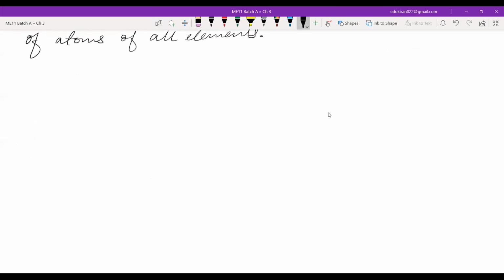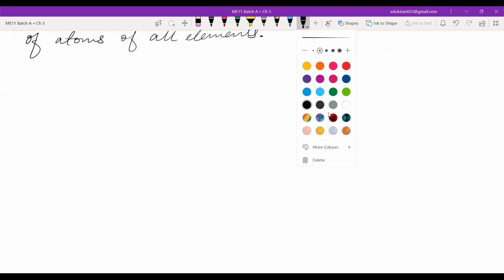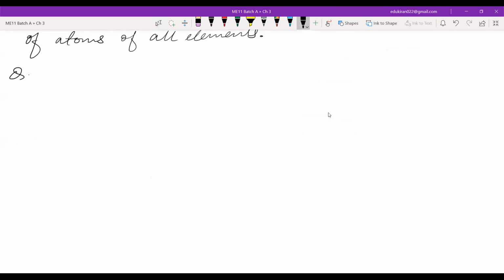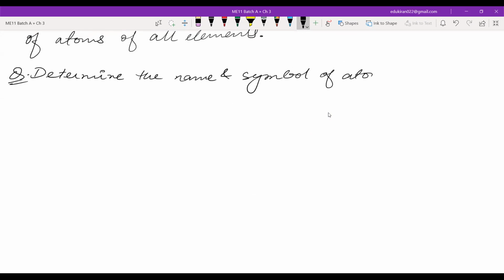So I will give you a question, okay? Let's try this. Determine the name and symbol of atoms with following atomic number.